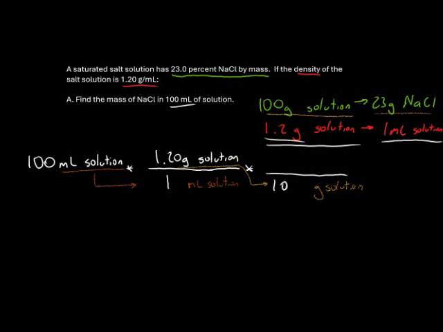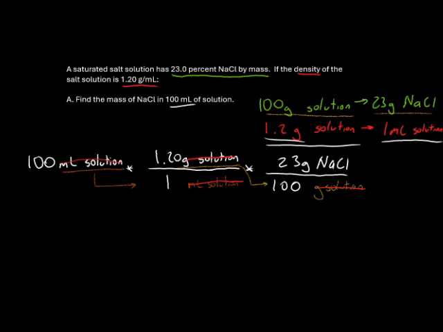Therefore, we'll place 100 grams of solution on the bottom, where the grams of solution already is, and on the top we'll place 23 grams of NaCl. You may be able to see at this point that the milliliters of solution will cancel out, the grams of solution will cancel out, and now we have mass of NaCl left over.